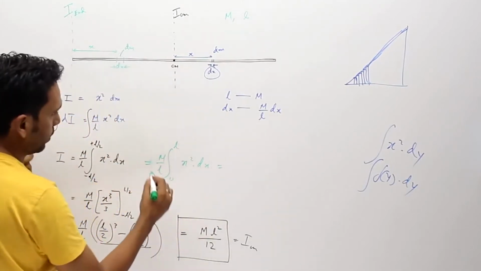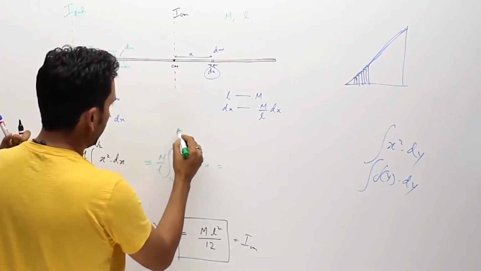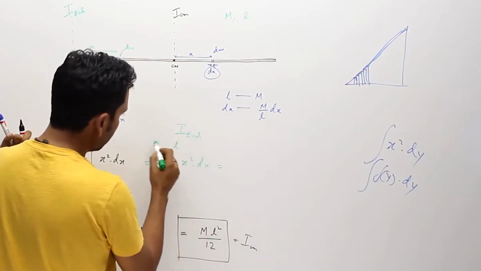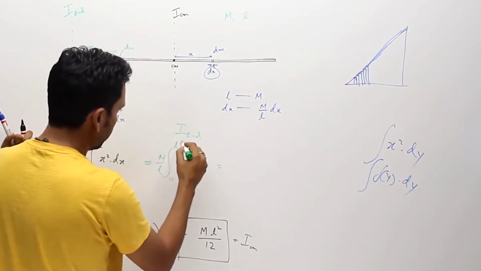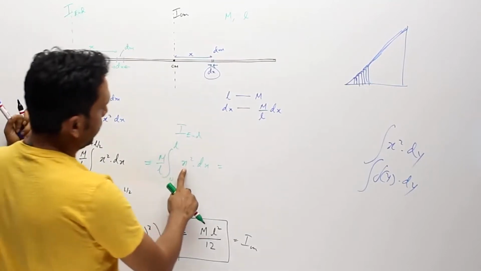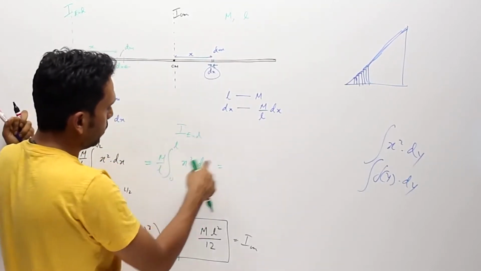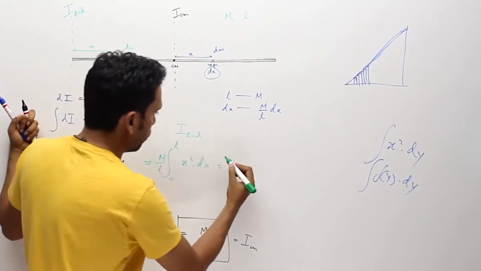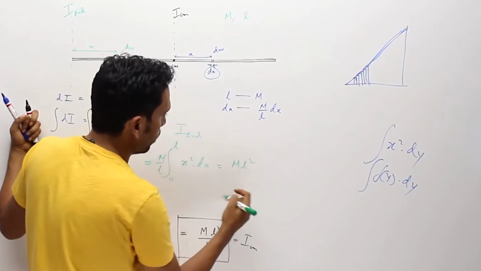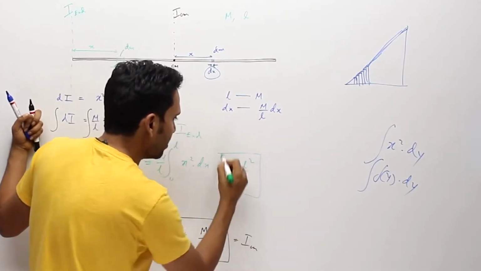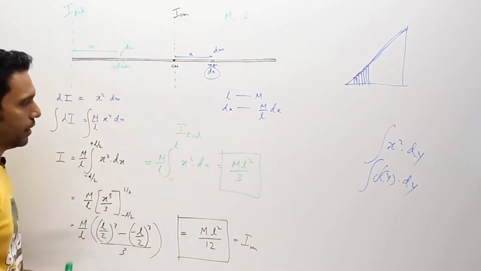So this is what we'll get when we are doing I about the end axis. So what we have is x cube by 3, and when we replace with the limit, it will be L cube by 3 minus 0 cube by 3. So that's L cube by 3. So what we'll have is mL square by 3, because one of the L's will cancel and the 3 remains. So that would be the answer for one of the ends.